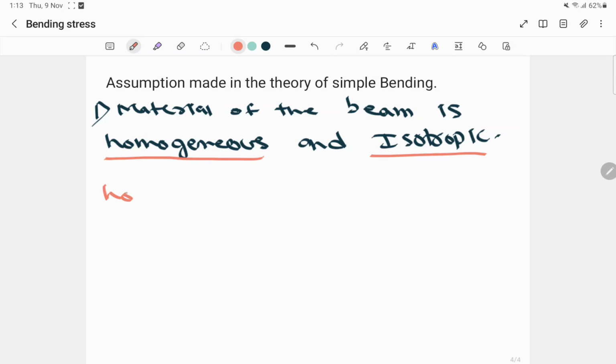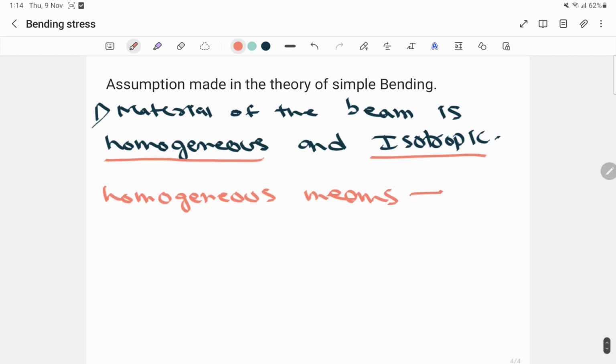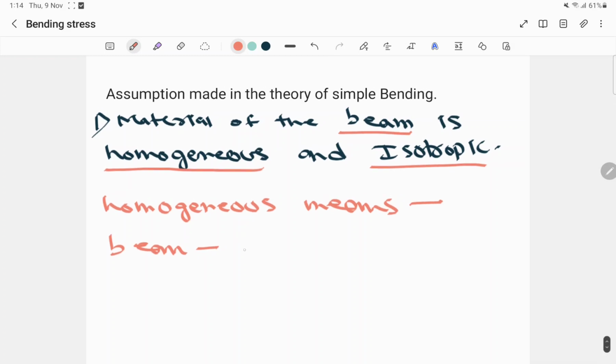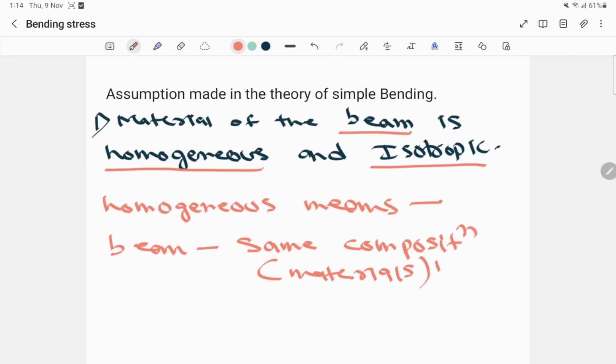Here homogeneous means the material of the beam is homogeneous. So here the beam should be made up of the same composition. Composition means a material, throughout.